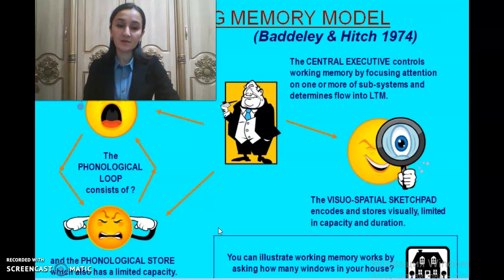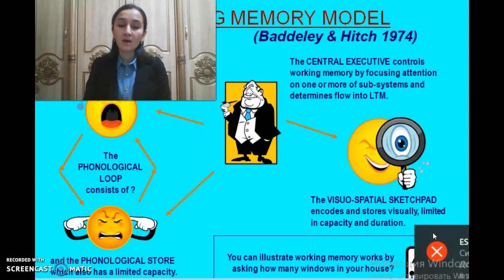The next is the visual spatial sketchpad, which encodes and stores visually, and it is also limited in capacity and duration. So we can remember things by hearing and by seeing, yeah?